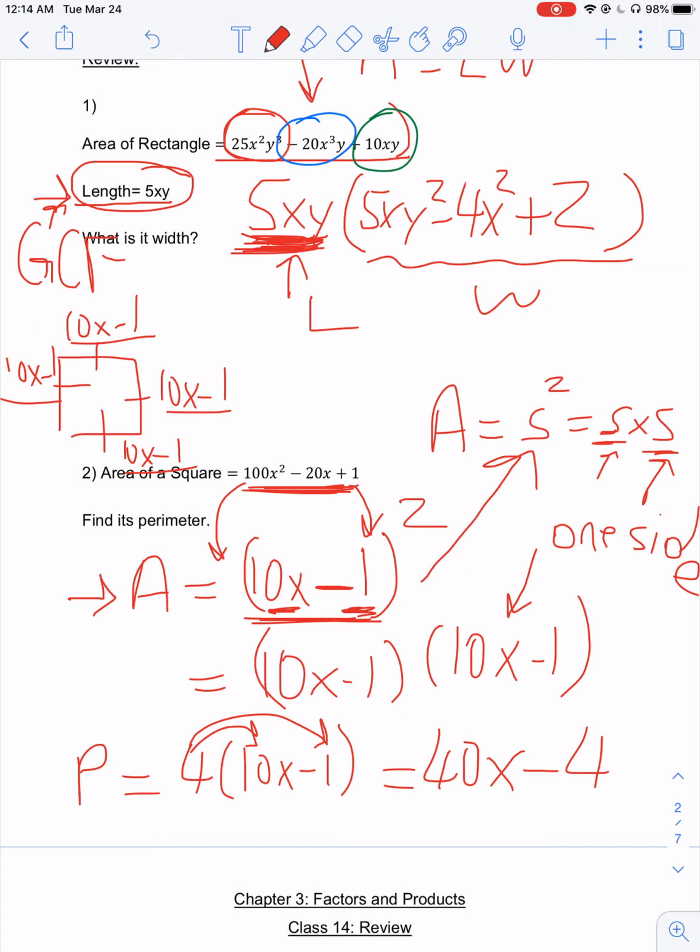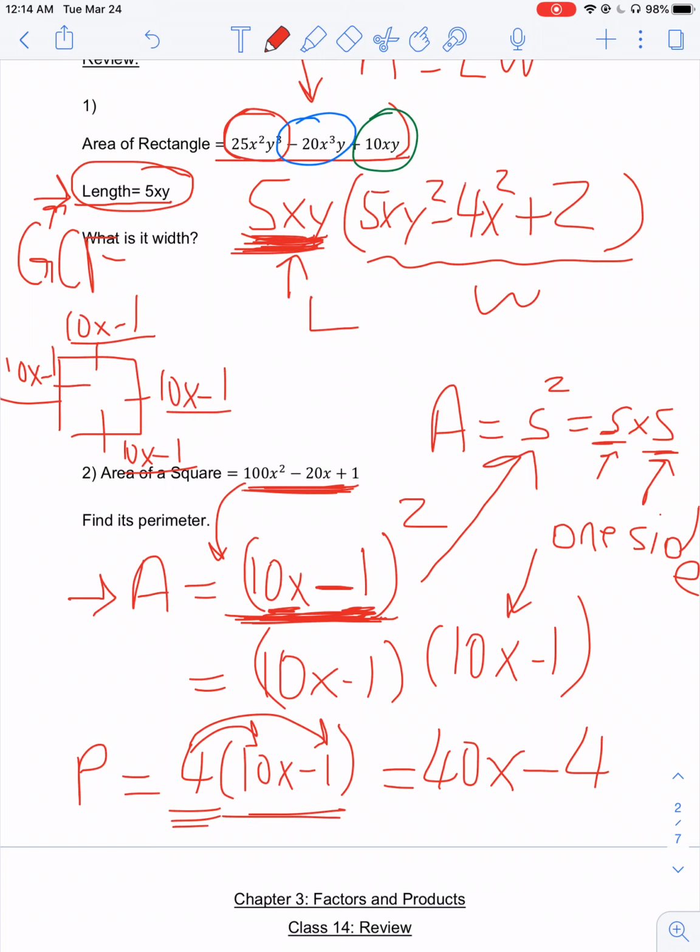Okay, so this tells me that once you factor this way, one of my sides measures 10x minus 1. So when you get a square question, you could do this by product sum. It will work. But the best way of doing this question is to use the perfect square trinomial method, okay? And that will tell you what one of the sides measures, okay? And then to find the perimeter, you just have to multiply the side length by 4.